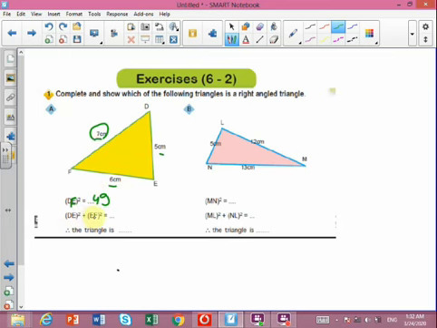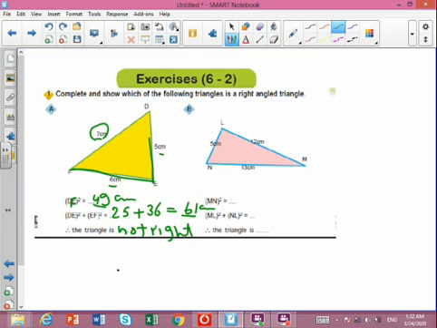DE square plus EF square, the other two sides' squares, 25 plus 6 square, 36, gives you 61. So this is 49 centimeter, this 61 centimeter. Are they equal? No. So is the triangle right? No. So the triangle is not a right angled triangle.